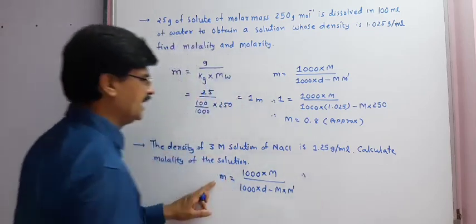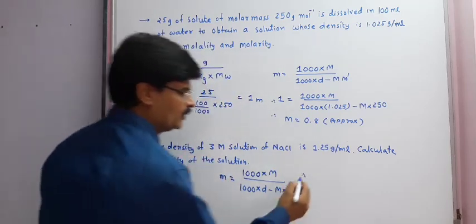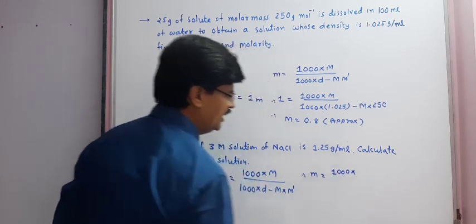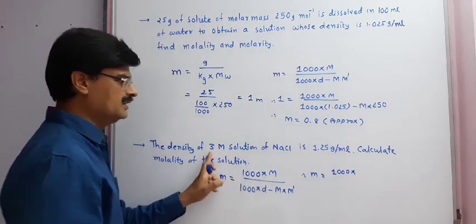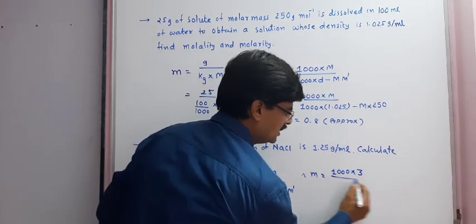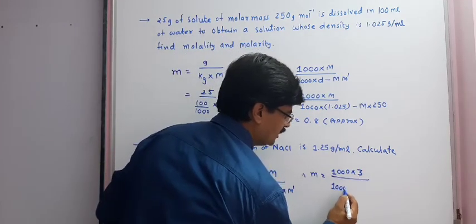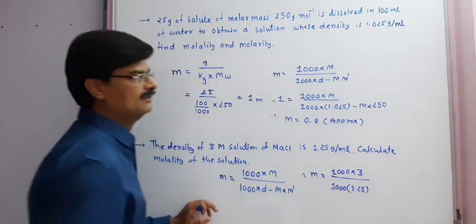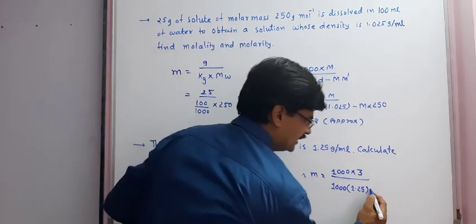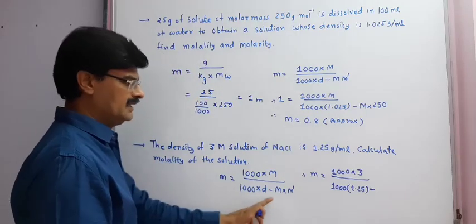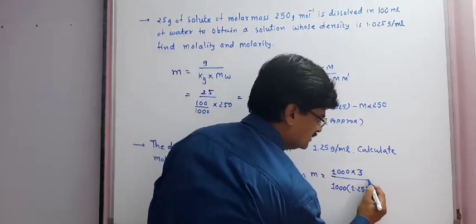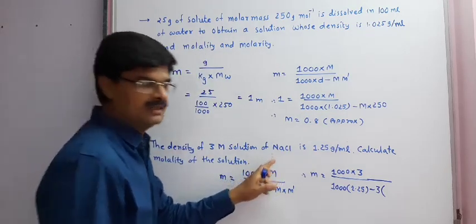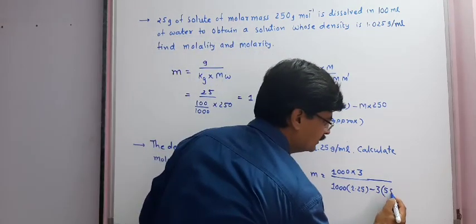We have to find out molality. Therefore, molality is equal to 1000 into molarity, given 3 molar, divided by 1000 into density 1.25, minus M, molarity 3, and formula mass of sodium chloride is 58.5.